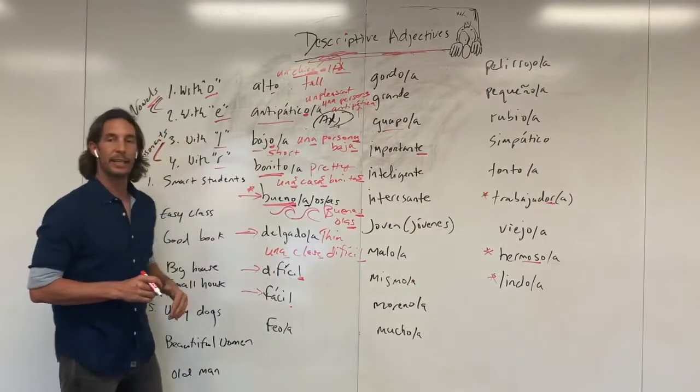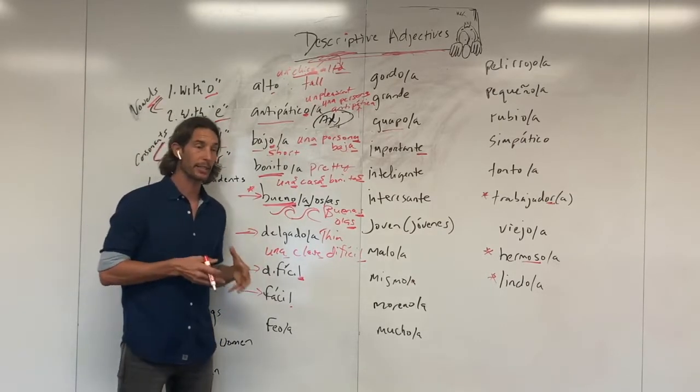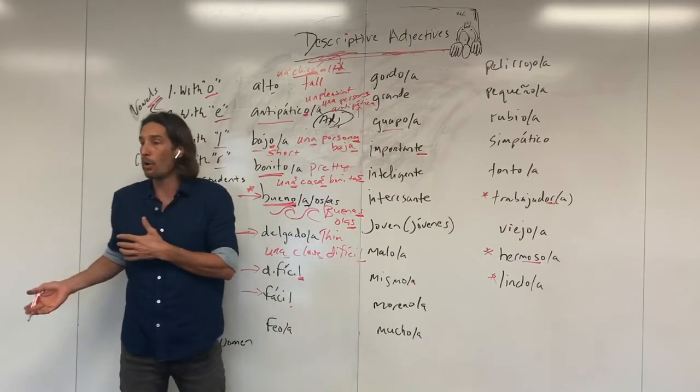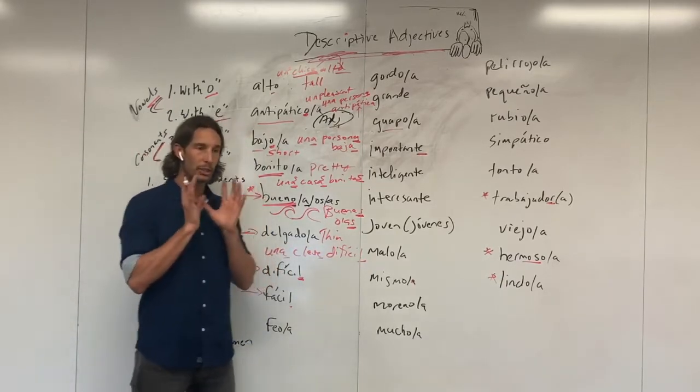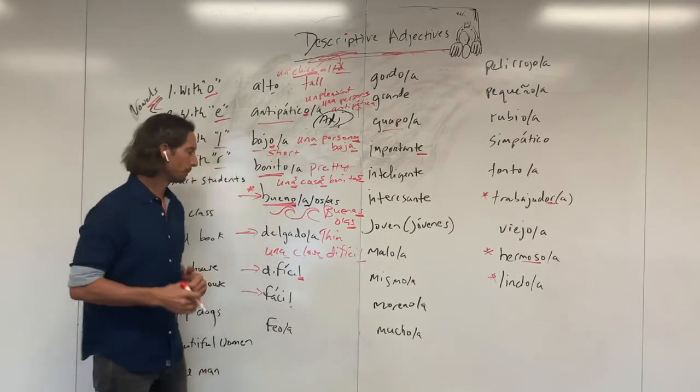With difícil or fácil or some of those that end with the consonant L, you don't put an A at the end. You don't put an O at the end, for that matter. You just leave it as is unless you want to make it plural.